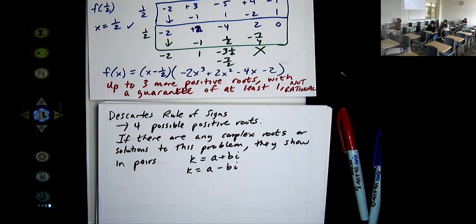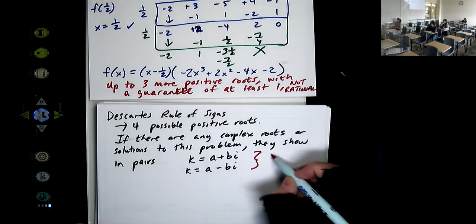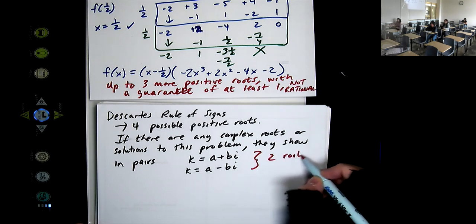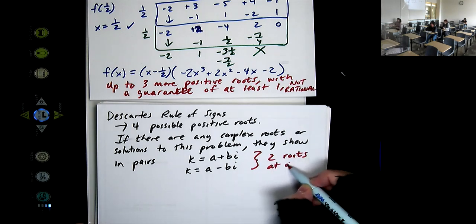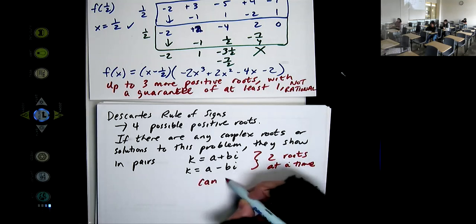So this is two roots at a time that can show up as complex.